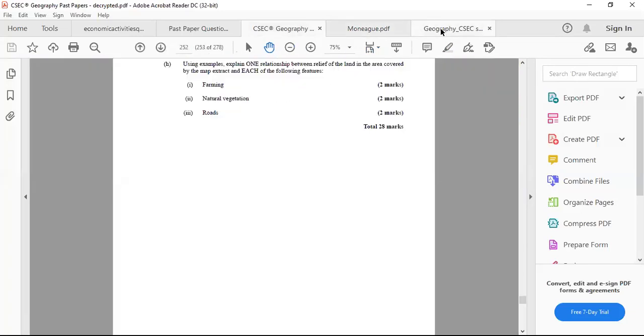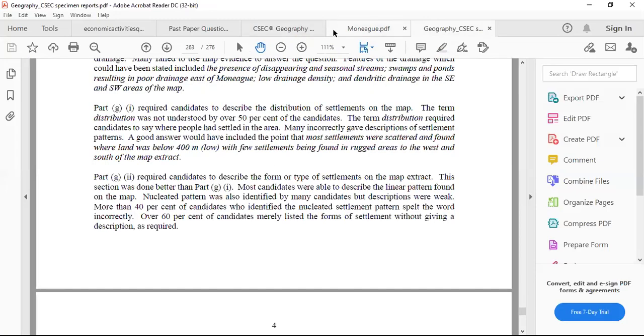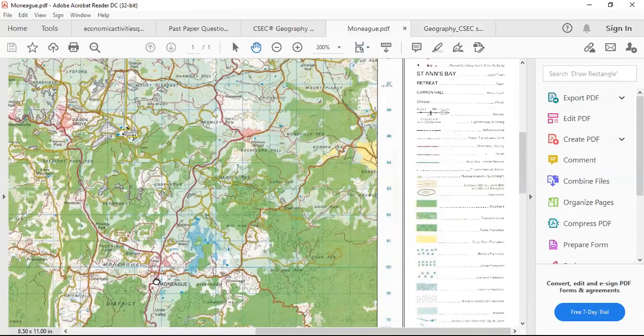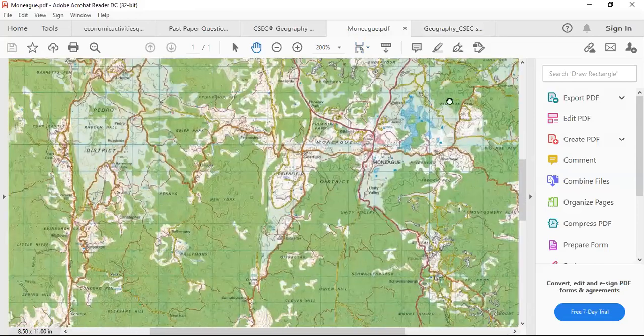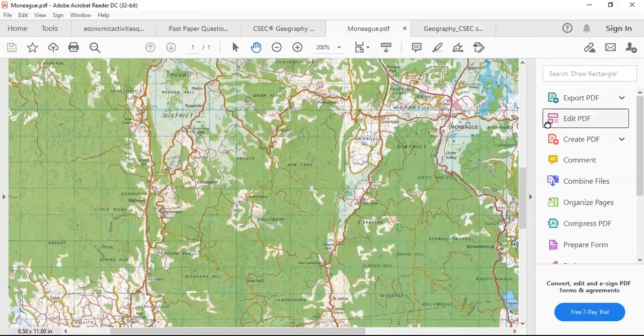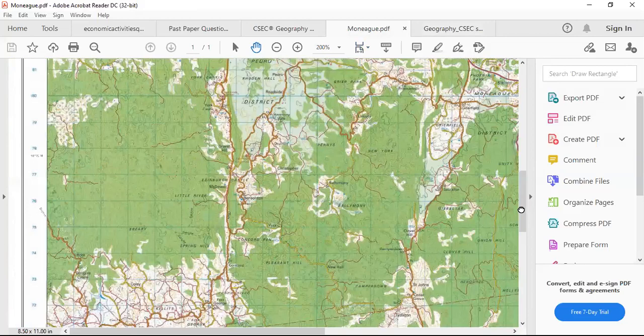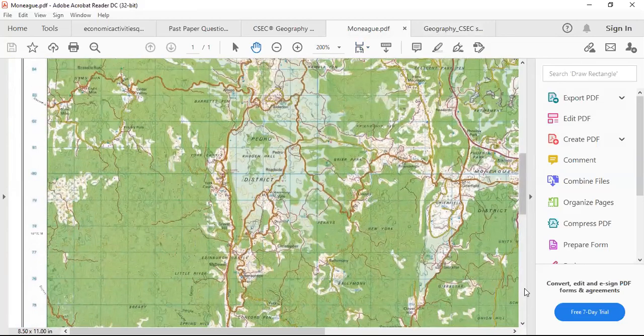Natural vegetation. What can we say about the natural vegetation and relief of the land? Look at the natural vegetation. It would be all of the woodland, trees and shrub, forest plantation. What can you say? Look at it. The contours are what?